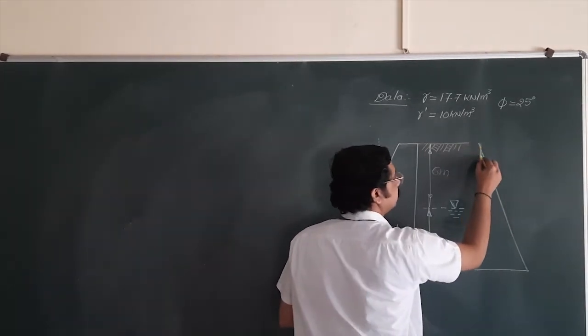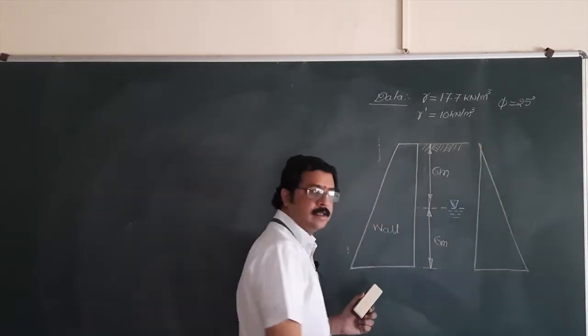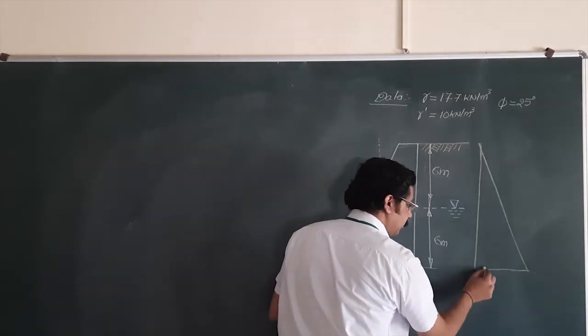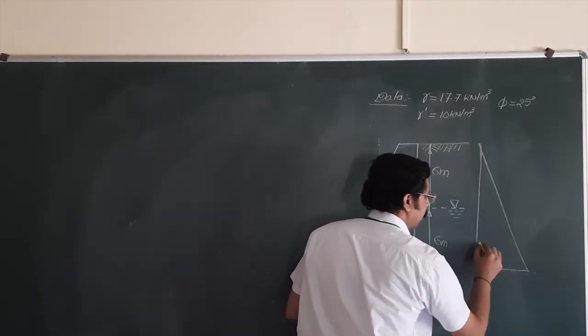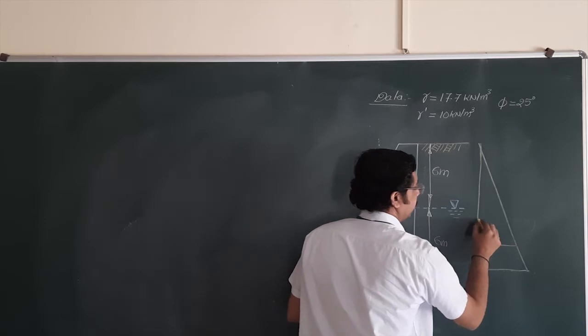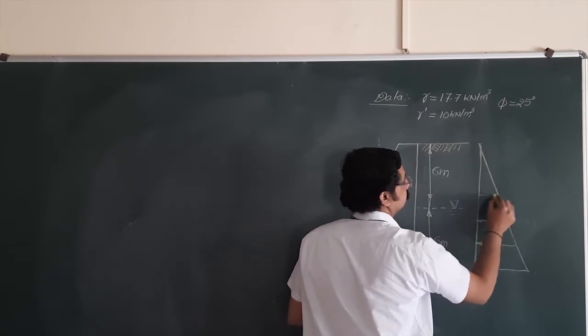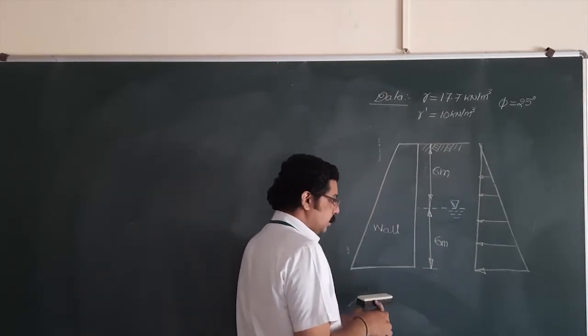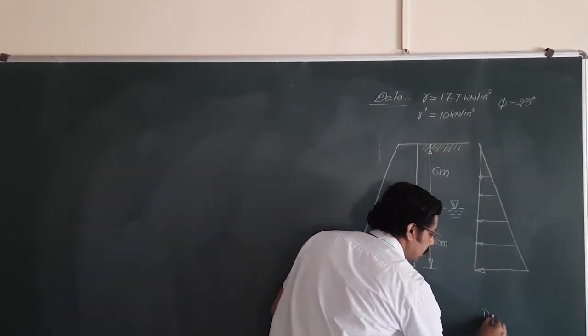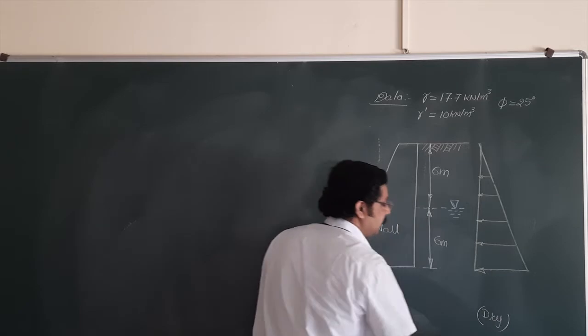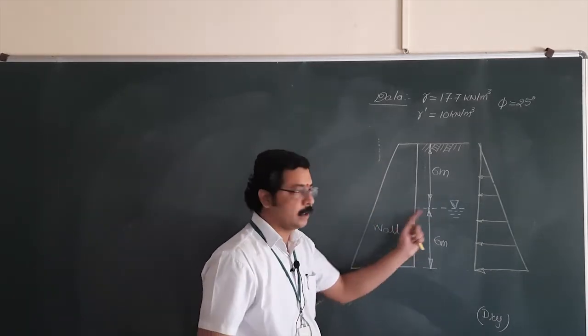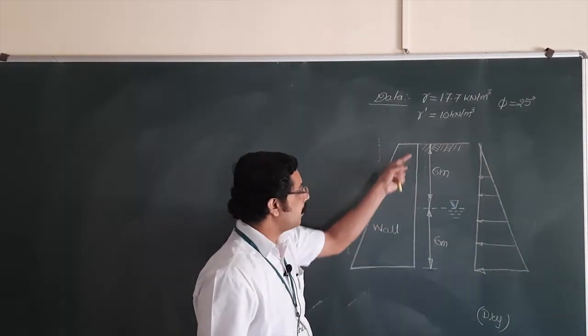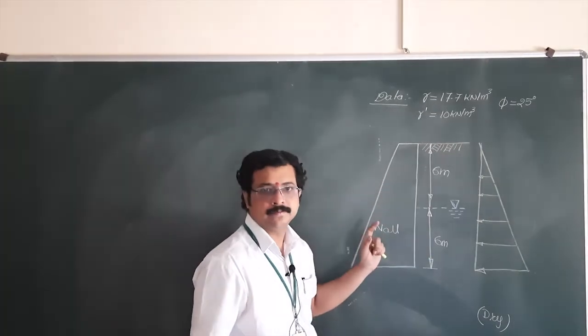So it will be 0 at the top and maximum at the bottom. The direction of pressure would be towards the wall. It will be like this. In which condition we are drawing this pressure diagram? The condition is dry. That means we have not considered this water table. Complete 12-meter backfill is dry soil.